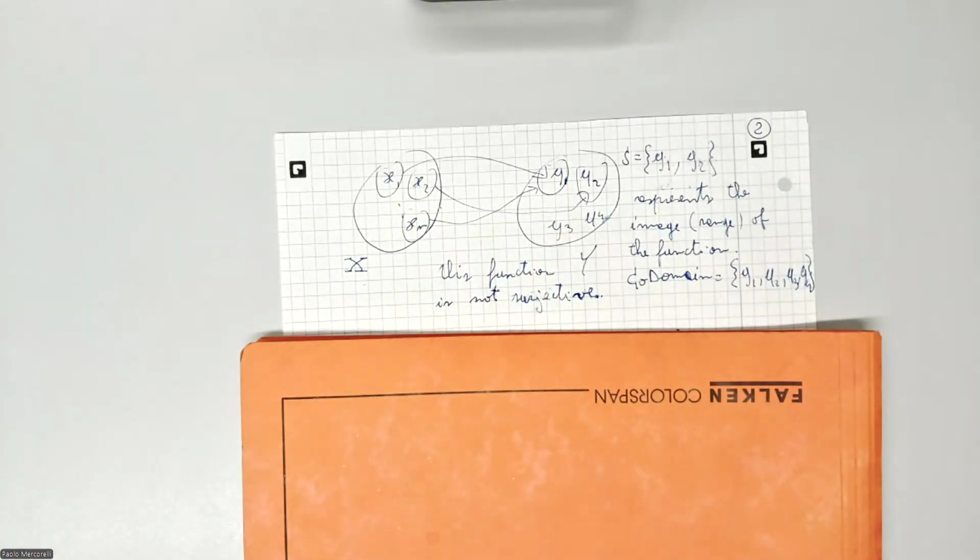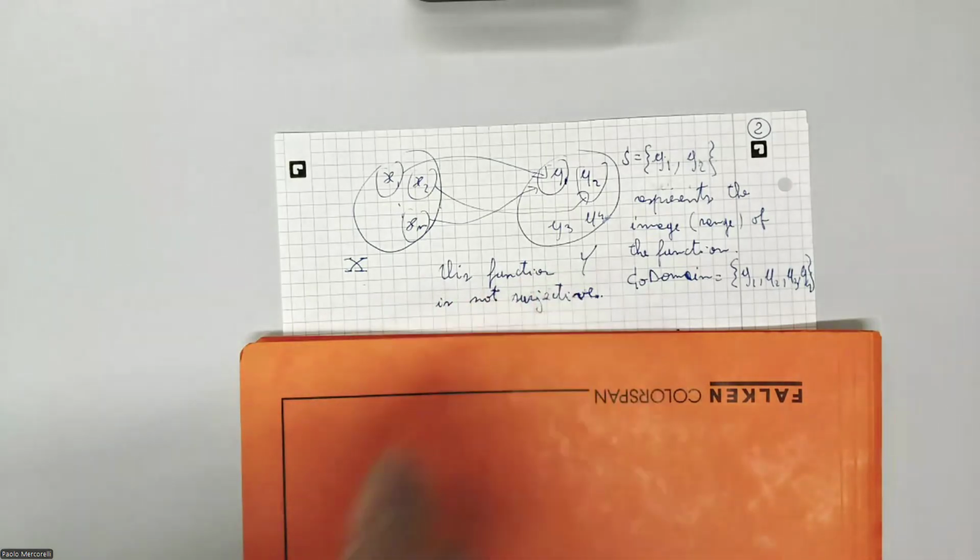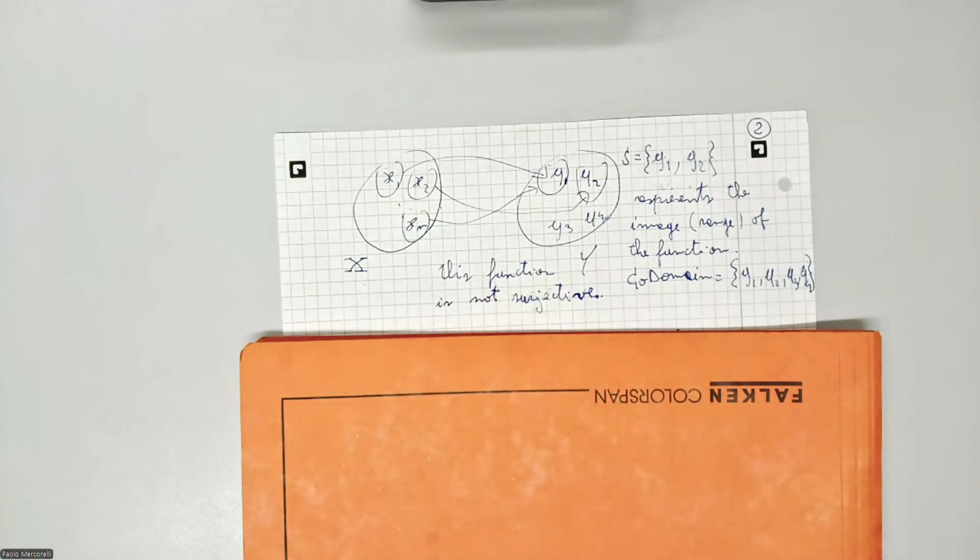Now, quickly, because I don't have much time, I try a little bit to clarify what happens in this picture here. We have X domain, Y codomain, and it is written here that this function is not surjective. Interesting, no? And then I try with words, probably having a better material to show you.